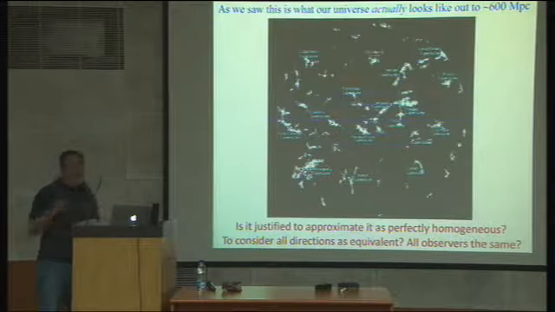Also, most of the surveys that I showed you, the Sloan Digital Sky Survey, are not isotropic on the sky. There are only little patches on the sky which have been mapped, because the field of view of a big telescope is tiny, right? So the question arises, when I say all directions are equivalent, there might be observer bias.